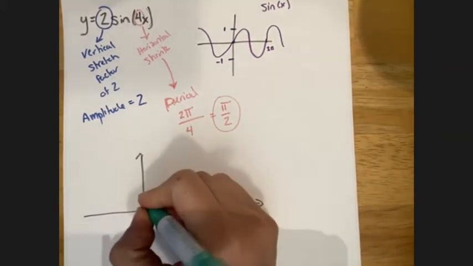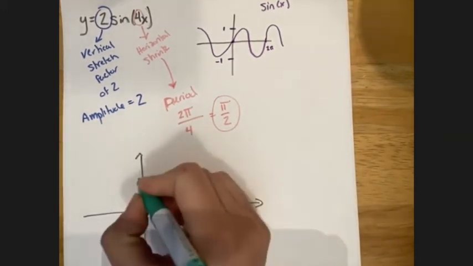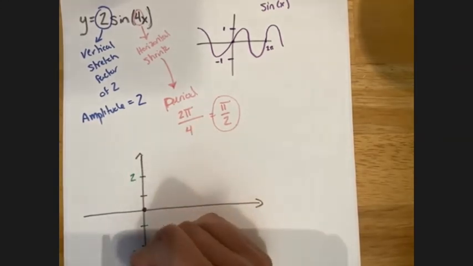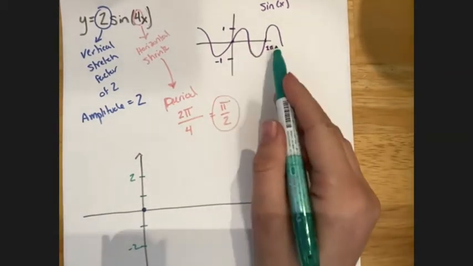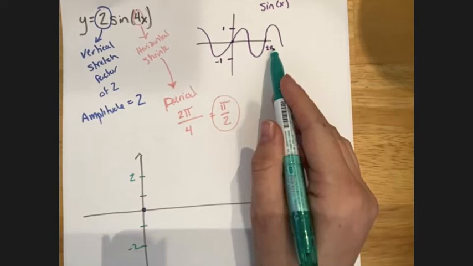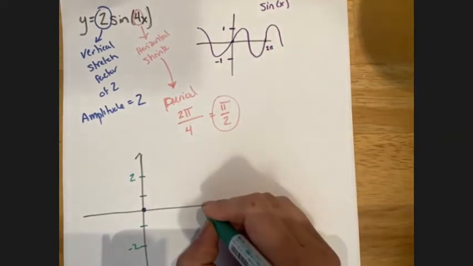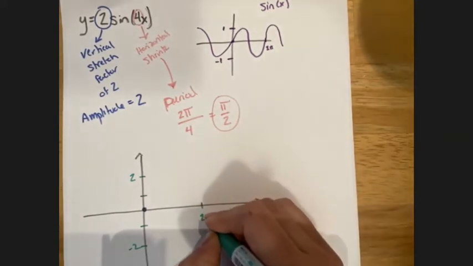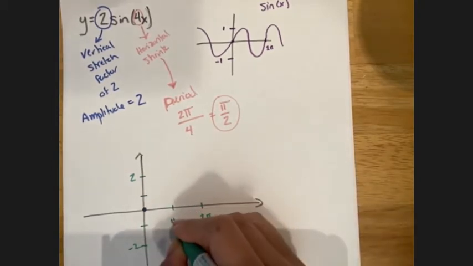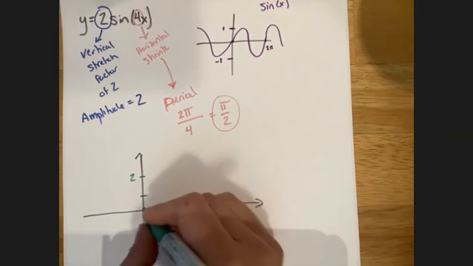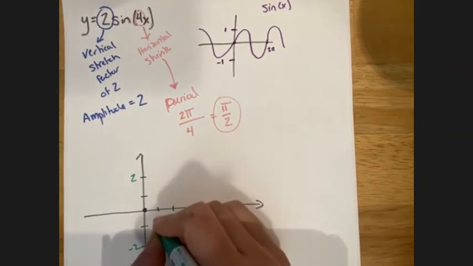So as opposed to going up 1 and down 1, my waves are now going to go up to 2 and down all the way to -2. The other thing that I've done is I know that my period, as opposed to being 2 pi, is now pi over 2. So if we think about, originally we had 2 pi out here. Well, between 0 and 2 pi is pi, and between pi and 0 is pi over 2.